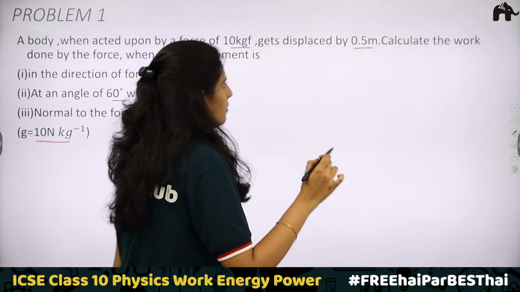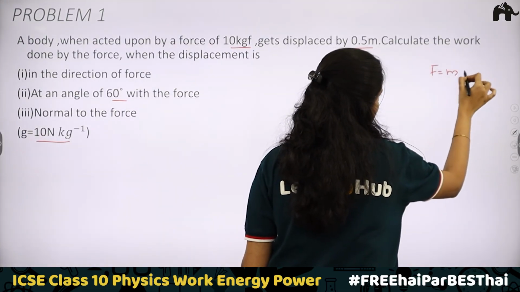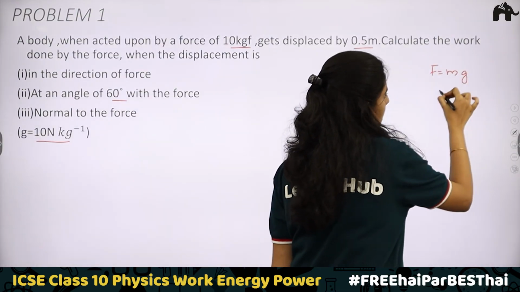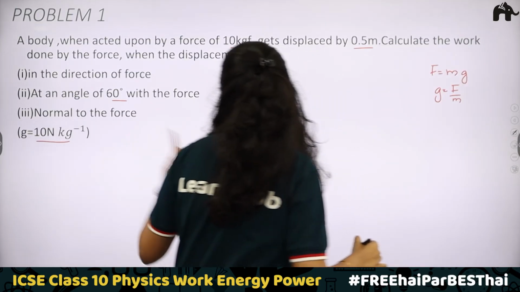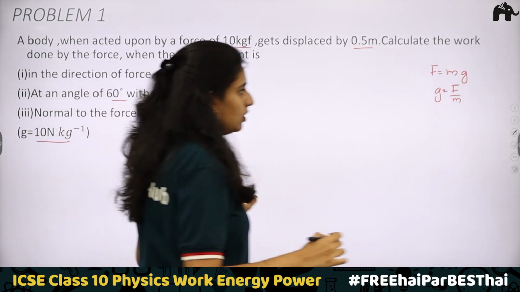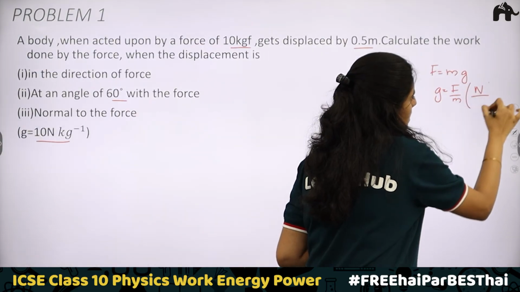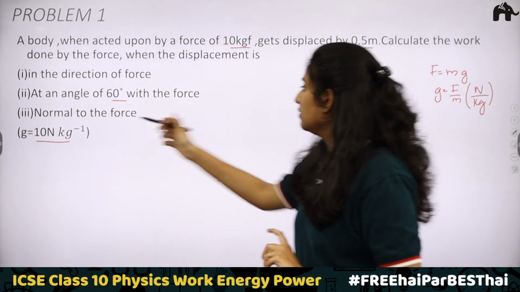Here we have force is equal to mass into acceleration. When it comes to acceleration due to gravity, F is equal to mg. Then g will be equal to F by m, from which we are getting this unit, which is Newton per kilogram. Force expressed in Newton and mass expressed in kilograms. So, Newton per kilogram is taken as a unit for g.